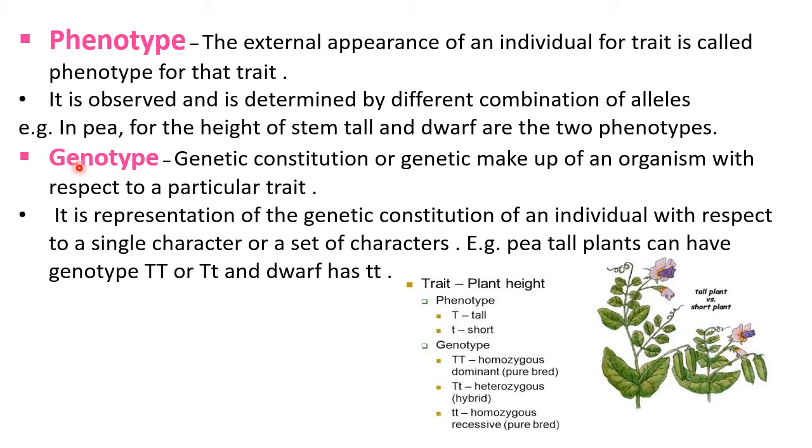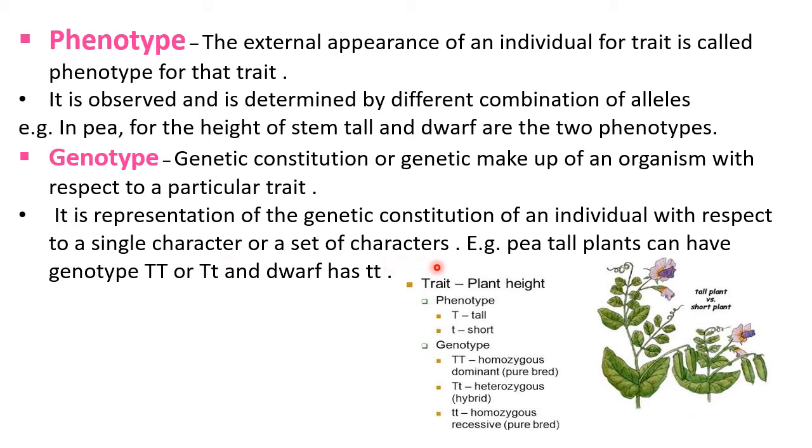The next term is genotype. The name itself indicates its meaning. It means the genetic constitution, also called the genetic makeup, of an organism with respect to a particular trait. Genotype is the representation of the genetic constitution of an individual with respect to a single character or a set of characters.